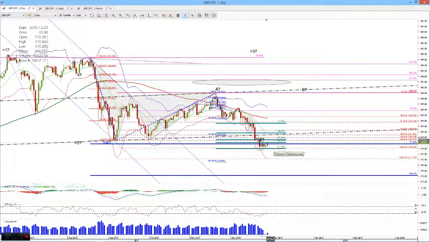I mentioned in the last video, I treat this downward move more as an ABC structure than an impulse to the downside. So in my opinion, it's more corrective than impulsive. So that would mean that the market may reverse somewhere here and may start developing to the upside in order to complete A, B, and a C wave.